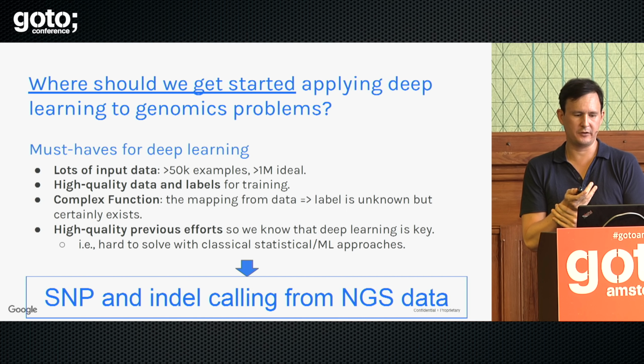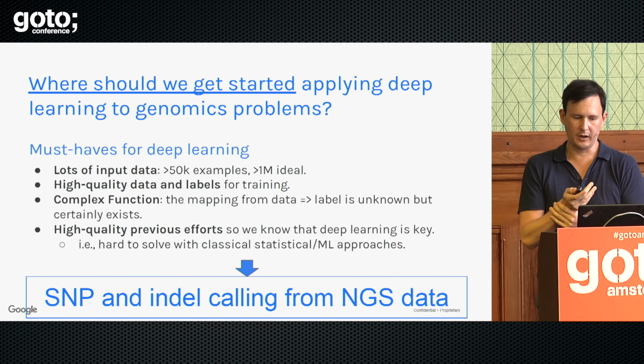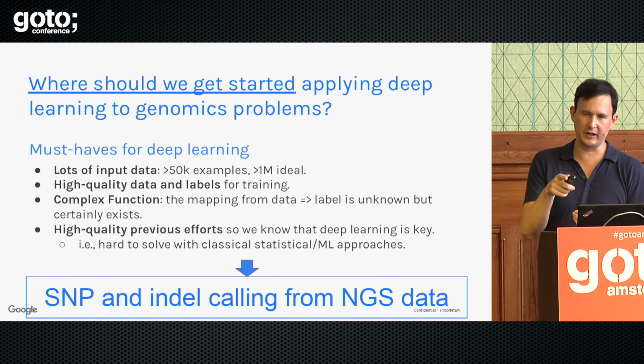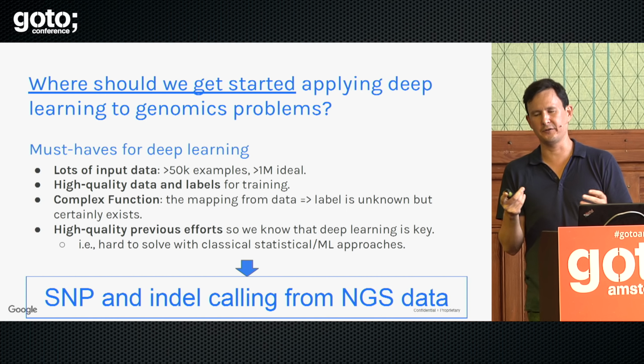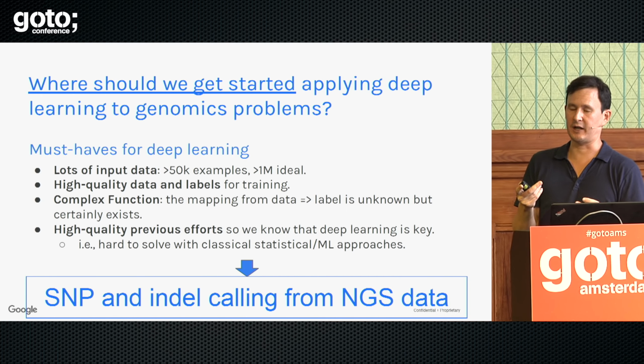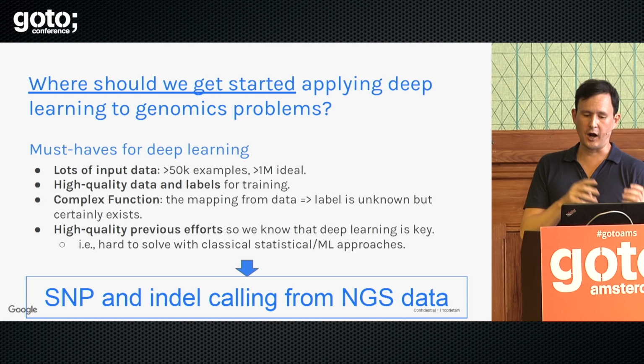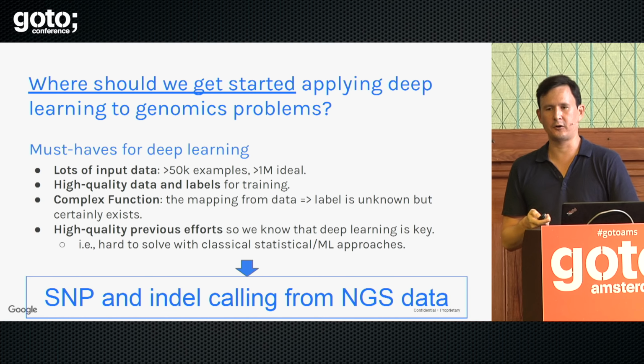And we also want to try to attack an area where it's key that deep learning will be necessary to do it. So other traditional models that oversimplify, like I was talking about with these classical models, are not really working so well.